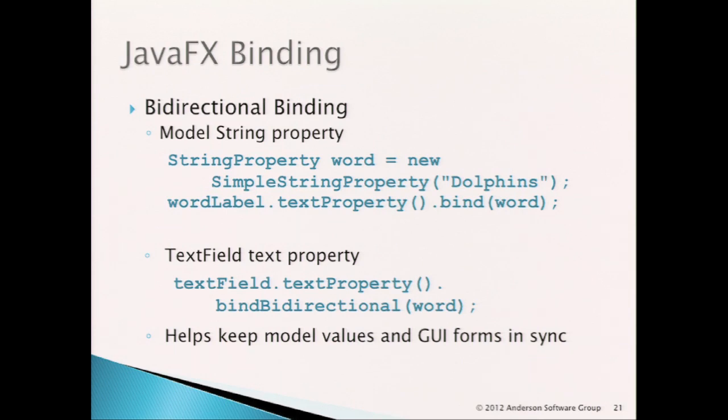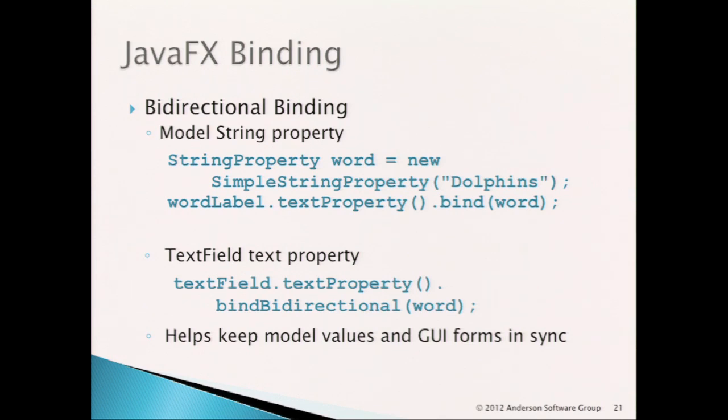What we can do now is a bidirectional bind between the text field, that's what Gail was typing into, and the word itself, which is the same word that you see up above. This is going to be in both directions now for the binding. So when Gail typed in the word turtles, with bidirectional binding, when the text field input changed as she typed things in, the string property word updated.